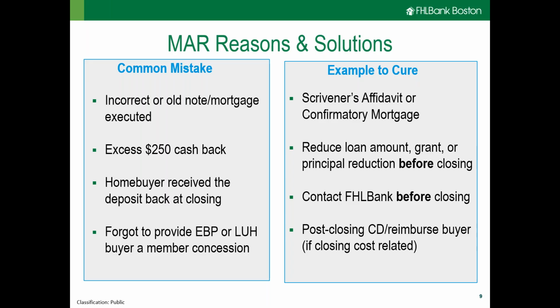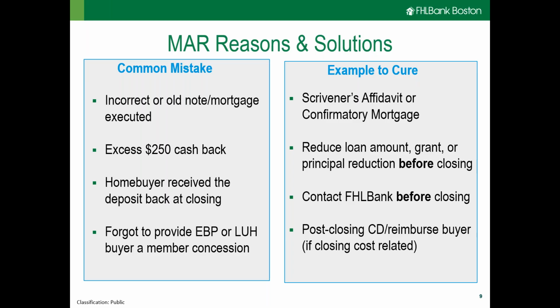If you are seeing more than $250 cash back, as I mentioned, you can either reduce the loan amount, grant, or the principal reduction before the closing. Sometimes the figures are a moving target as you're getting to the end, and especially if you're layering other programs with our down payment and closing cost assistance, just reach out to us sooner rather than later, and we can work with you on these areas.